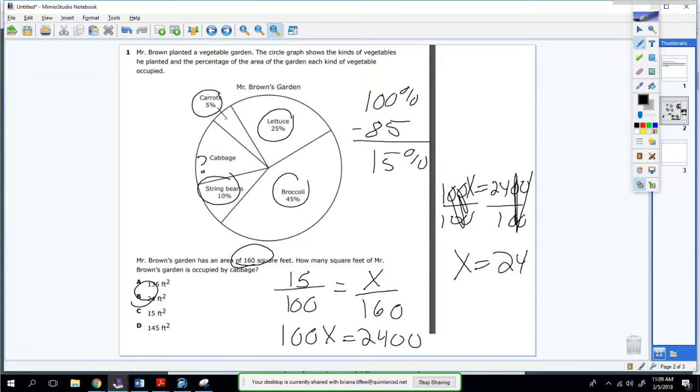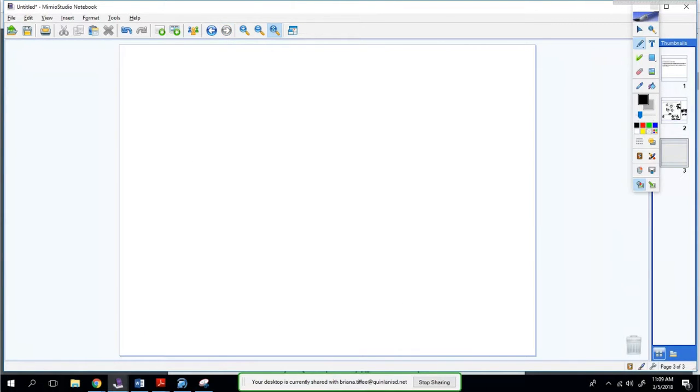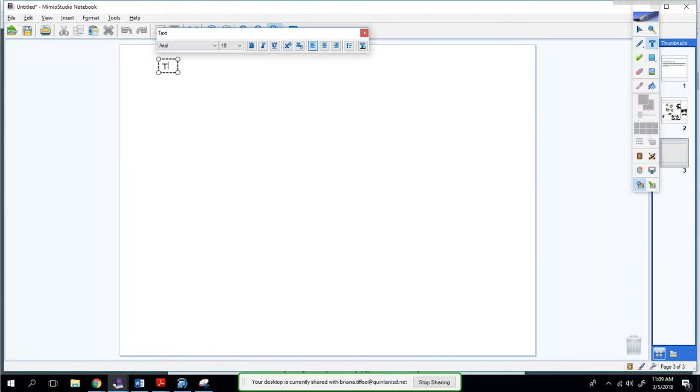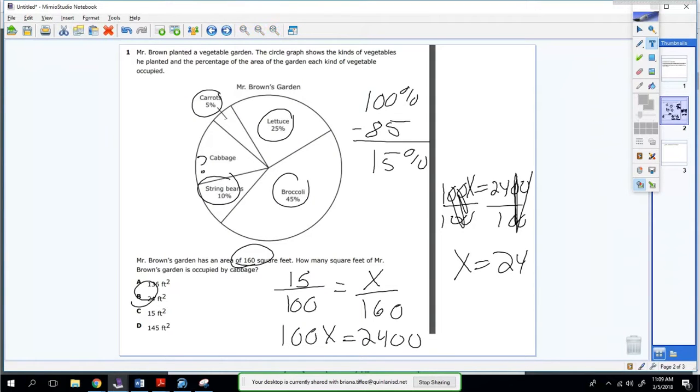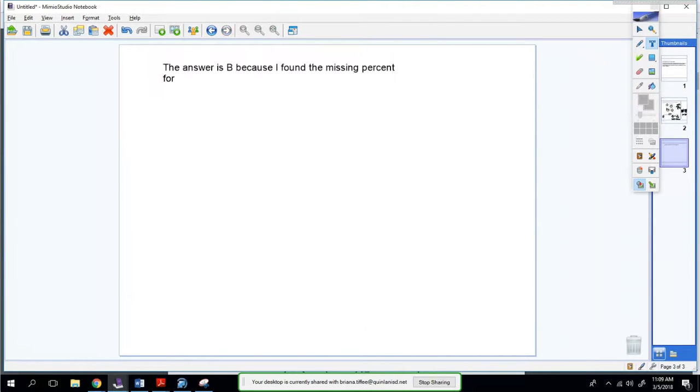So on your paper, you're going to show this work. And you're going to say the answer is B, 24. And then you're going to say the answer is B because I found the missing percent for cabbage. I just went blank on the word cabbage.